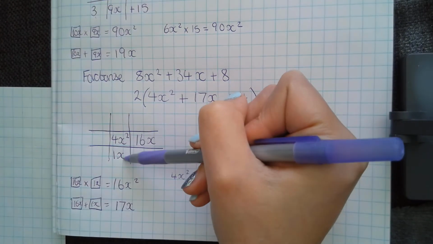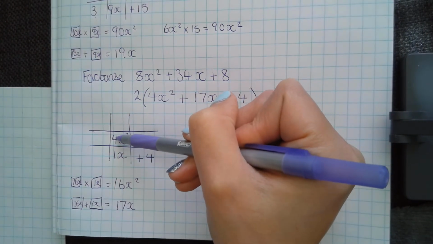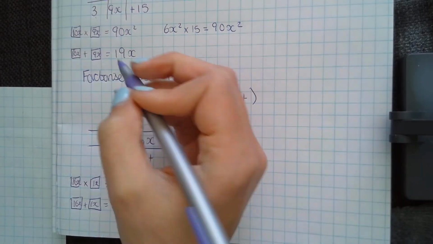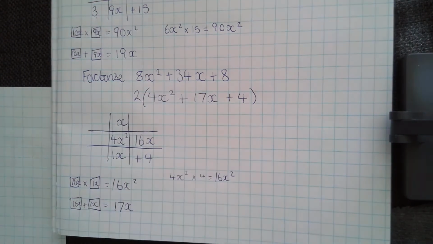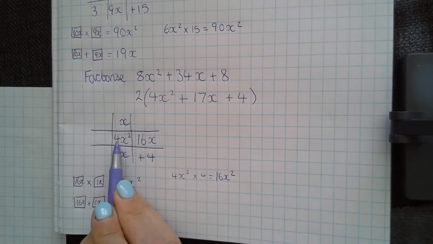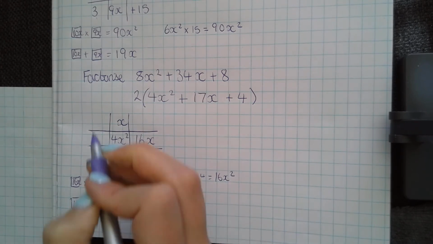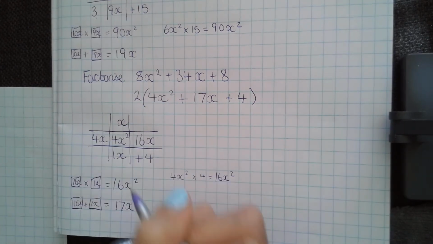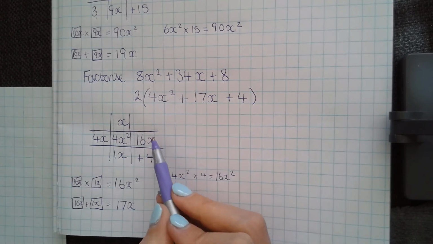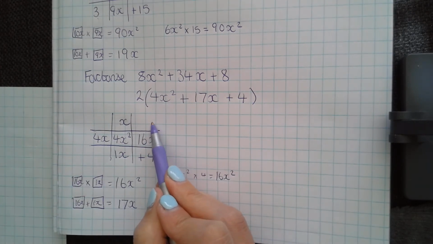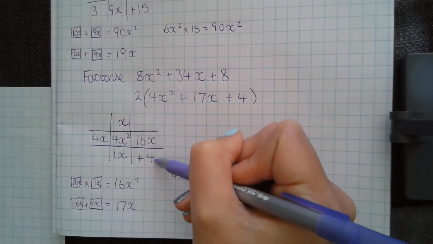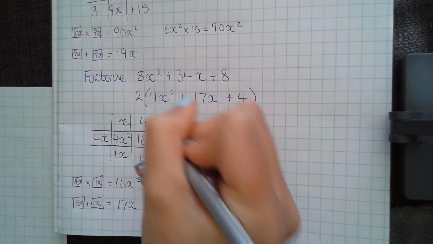And then let's look at the column. The highest common factor of 4x squared and 1x is just x. X times what makes 4x squared, or the highest common factor of that row is 4x. Then I need to think about what number is going to go here. So the highest common factor of 16x and 4 is 4.